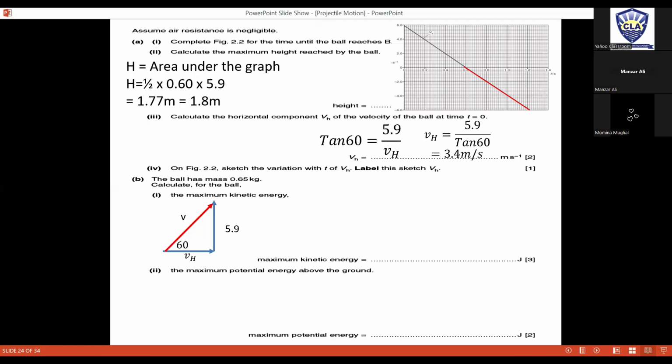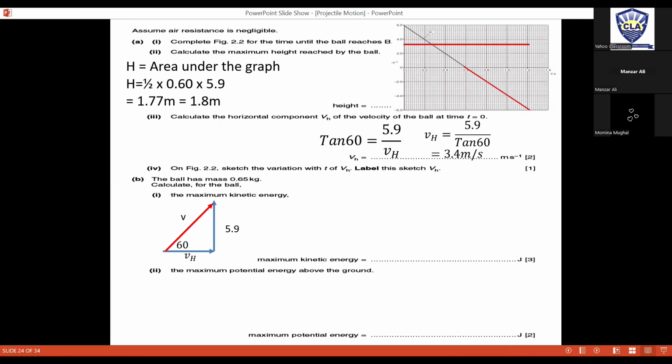I want to find the maximum kinetic energy. For that, I will need V, the initial velocity. So I can use sine theta, and my velocity V comes out to be 6.8. And if I have velocity V as 6.8, my maximum kinetic energy will be... Before that, we were also asked to draw the horizontal component, which we have already drawn.